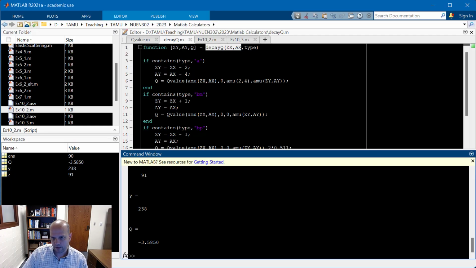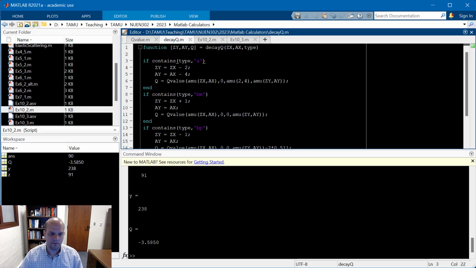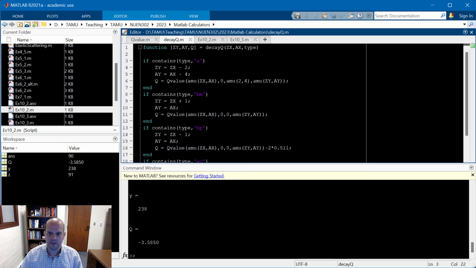So this calculator is convenient. We'll use this in the second example. You're encouraged to create such a calculator. If you know what type of decay occurs, then you can simply type in the number of nucleons and number of protons and then let the calculator do the rest for you.